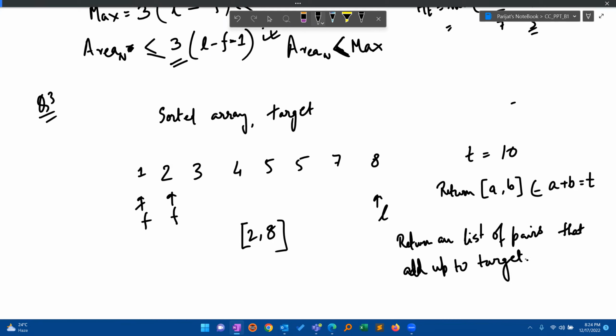So now what do you do? Or let's call it a list of unique pairs that add up to target. For this example, the answer would be 2, 8, and then 3, 7, and then 5, 5.